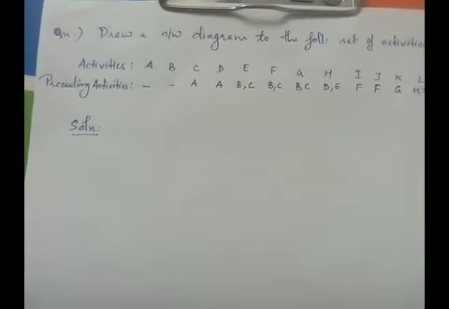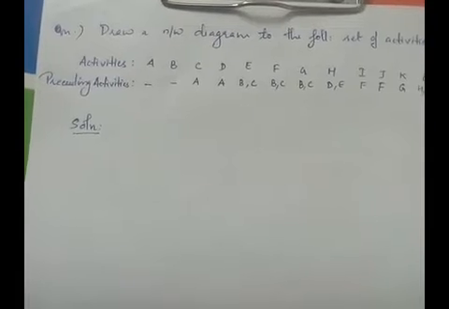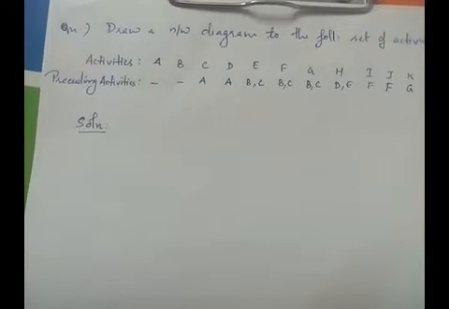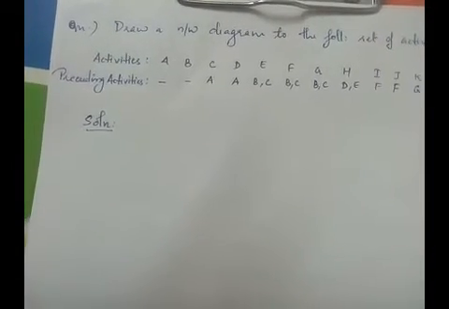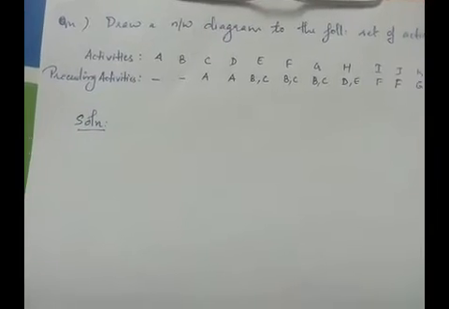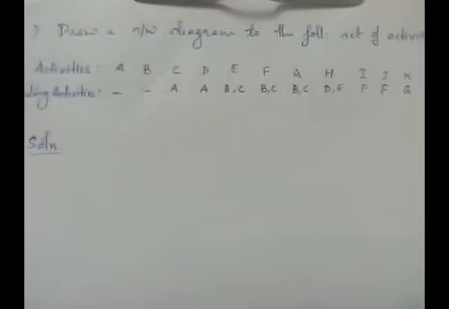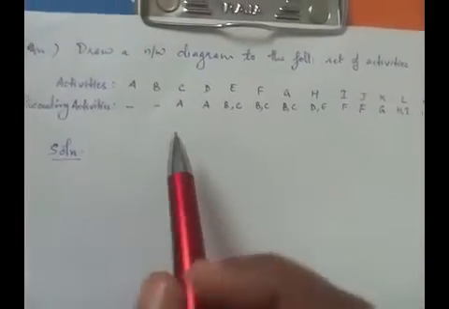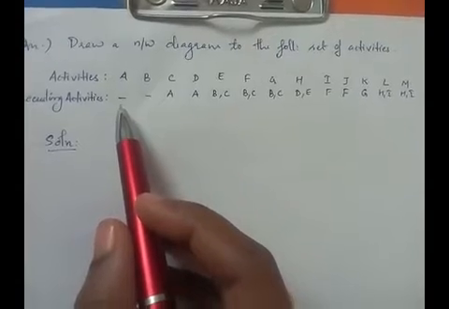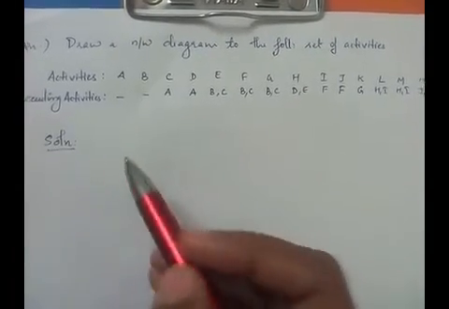We know that in a network diagram only the starting activities don't have preceding activities, and the ending activities will not have succeeding activities. So in this question the details of preceding activities are given. That means if an activity does not have a preceding activity, that will be the starting activity of that network.